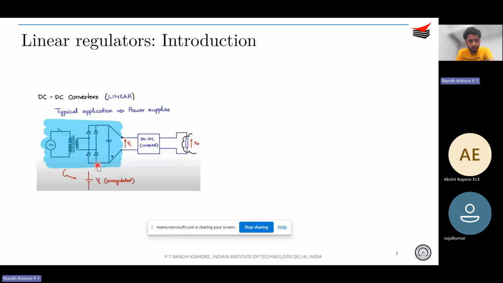What is used here is a diode based full bridge rectifier. If you don't have any filter at the output, you will get a rectified sinusoid at the output. It is a DC, however, it's a pulsating DC, which is something you don't want. What you want is a flat DC.